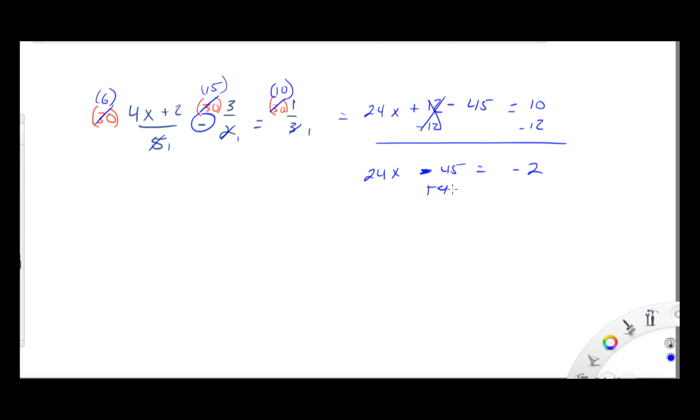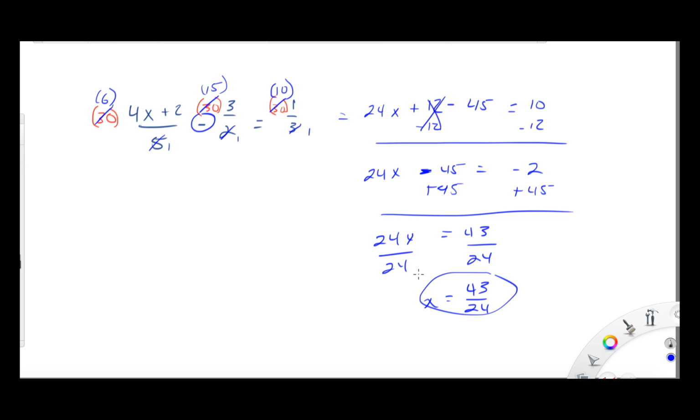If we add 45 to this side, add 45 to this side, we have 24x equals 43. Divide by 24, divide by 24, x equals 43 over 24. Okay, so it's not that difficult. I think you guys can get the hang of it after a couple of tries in your textbook.